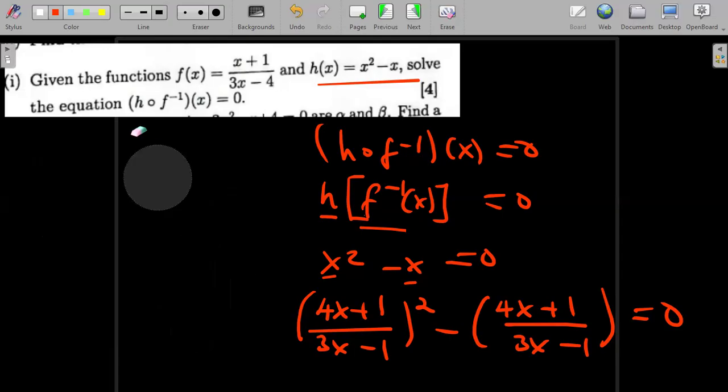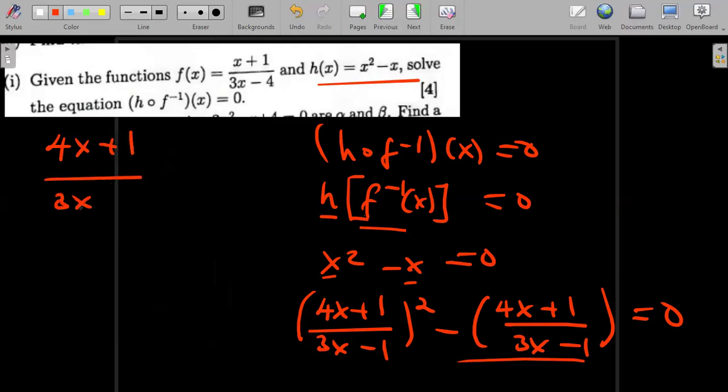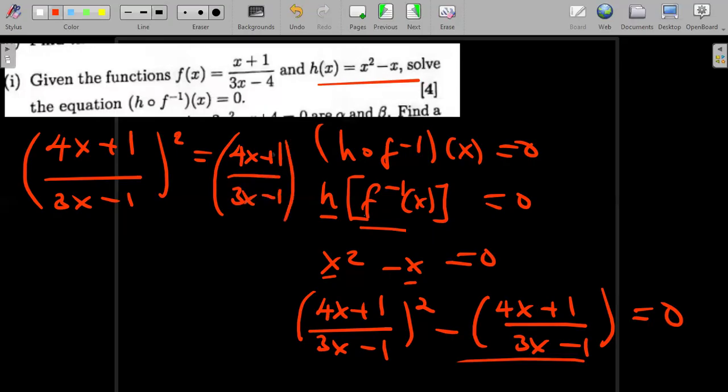I'll take this part to the other side, so I have ((4x plus 1) over (3x minus 1)) squared equal to positive (4x plus 1) over (3x minus 1), because the other side becomes positive.